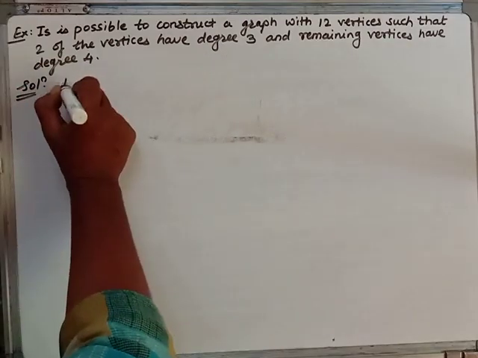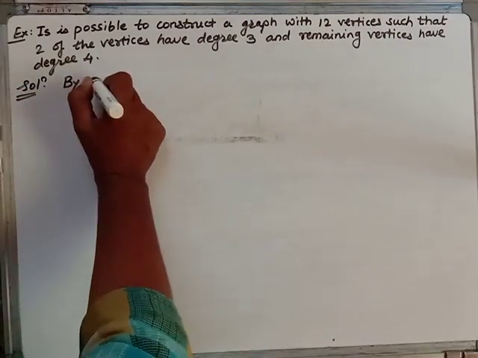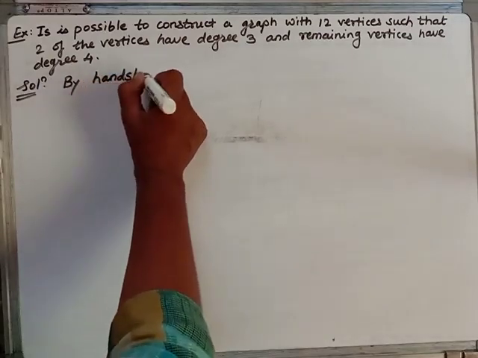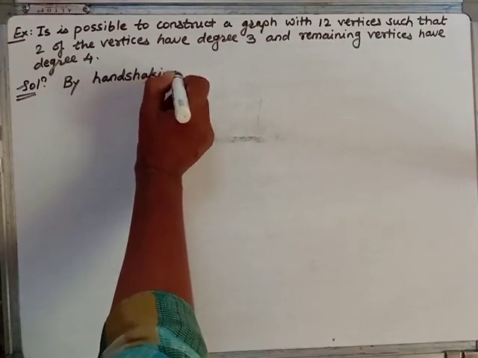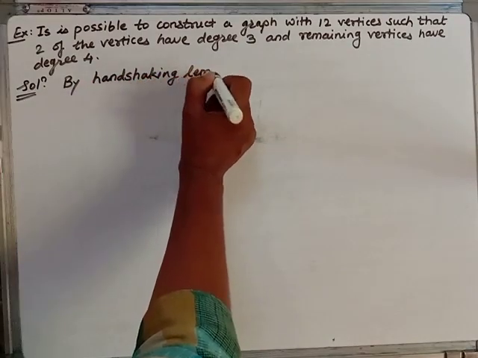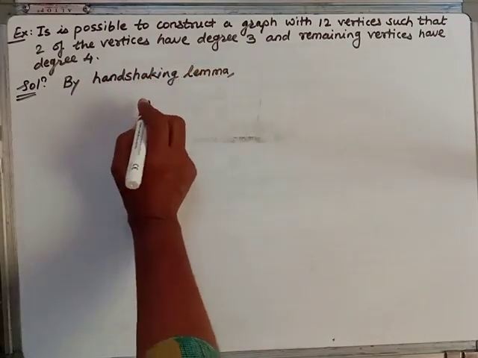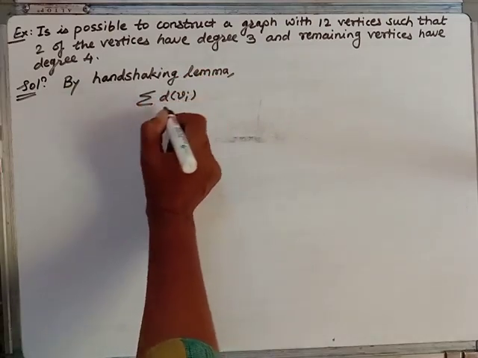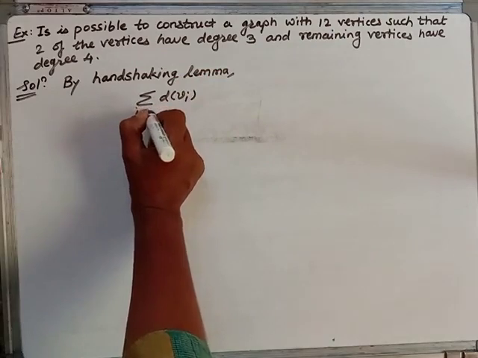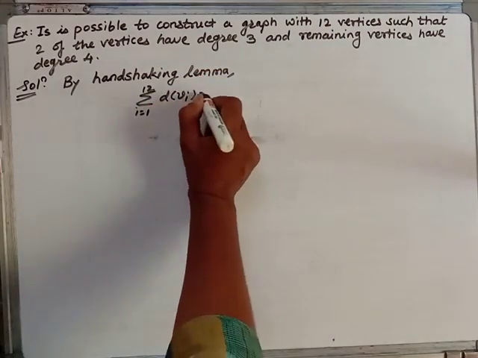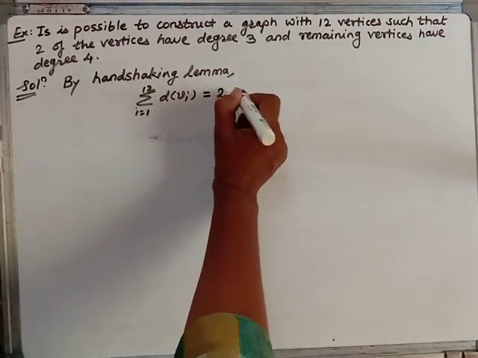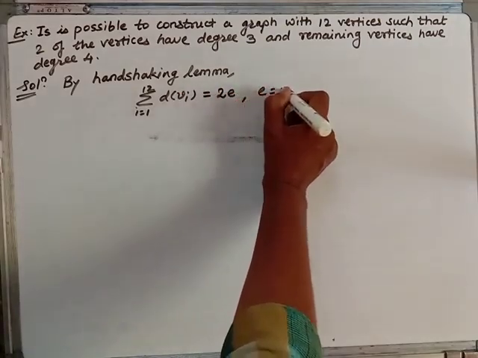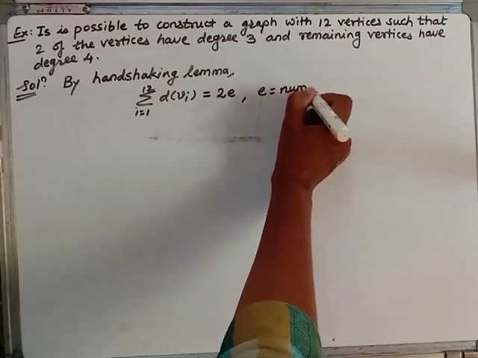So by the handshaking lemma, what is with us? Summation of degree of vertices, i from 1 to 12, will be 2 times E, where E is the number of edges.